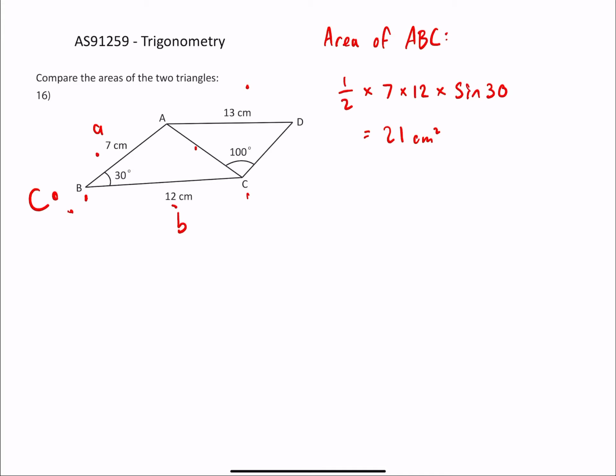So the next thing I'm going to do is find the length AC. So that is side C. I've got two sides, I've got the angle between, I want the side that is opposite. I'm looking at three sides and one angle, so that is the cosine rule.